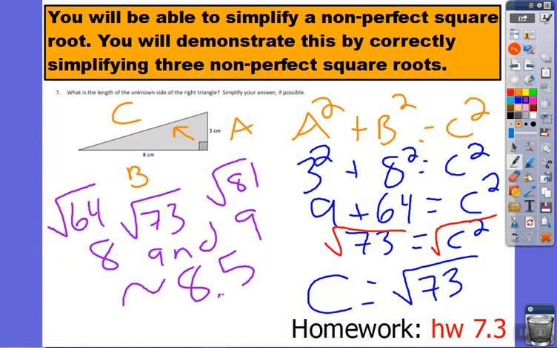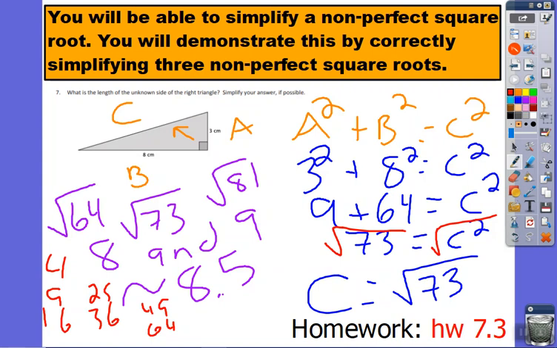And then from today's new lesson here, do any of my perfects go into 73? So the perfects I'm thinking of are 4, 9, 16, 25, 36, 49, 64. Do any of those go into 73? They don't. So we will not be able to do that simplifying every single time.